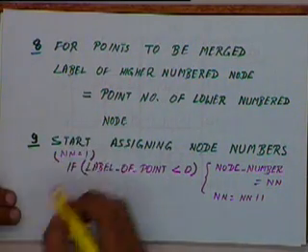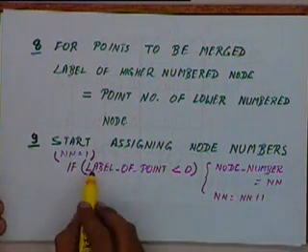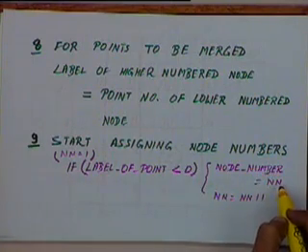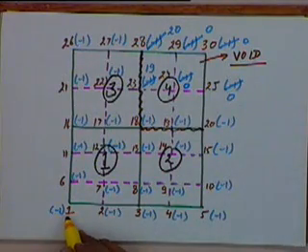We do this initialization, then we cover all the nodes, and if the label of the point is less than 0, the node number is equal to nn. That means we will start with point number 1.